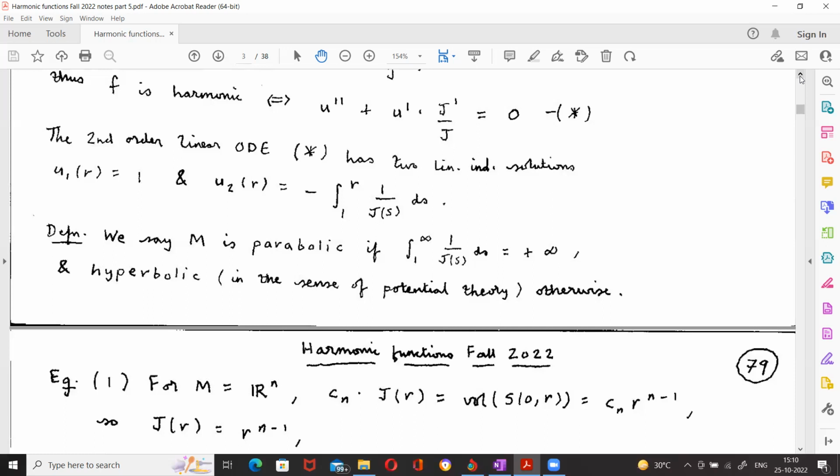All right. Well, you know that there are no positive harmonic functions in R2, right?